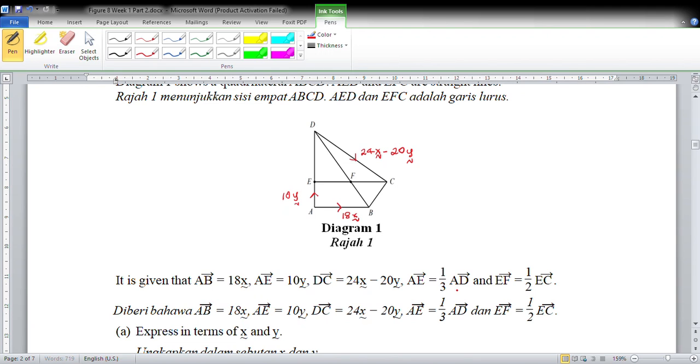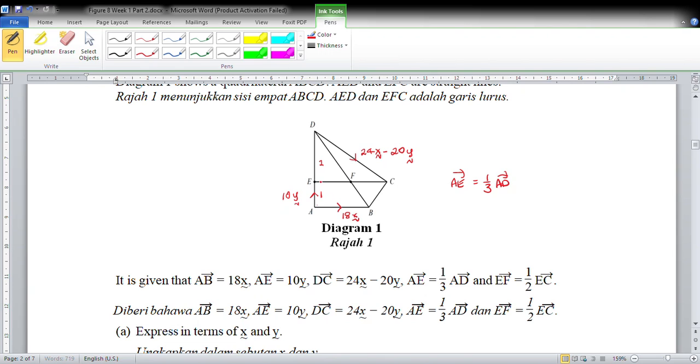AE is 1 over 3 AD. So you can see here, AE is 1 over 3 of AD, which is this length. So this is one part, this is two parts. So total being 3 parts, right?